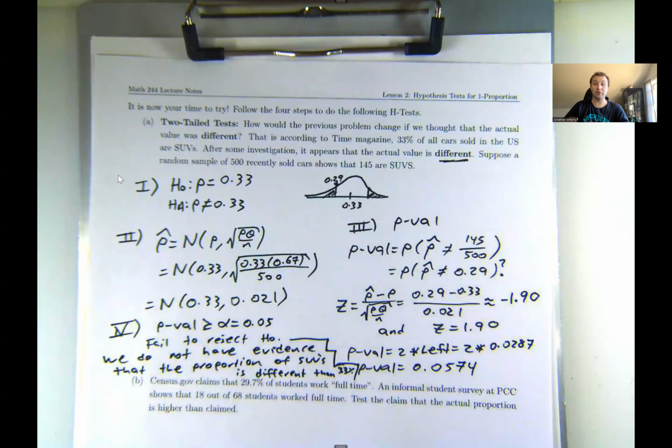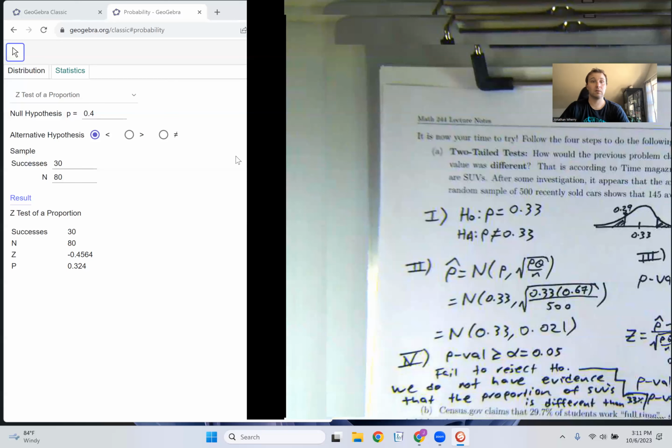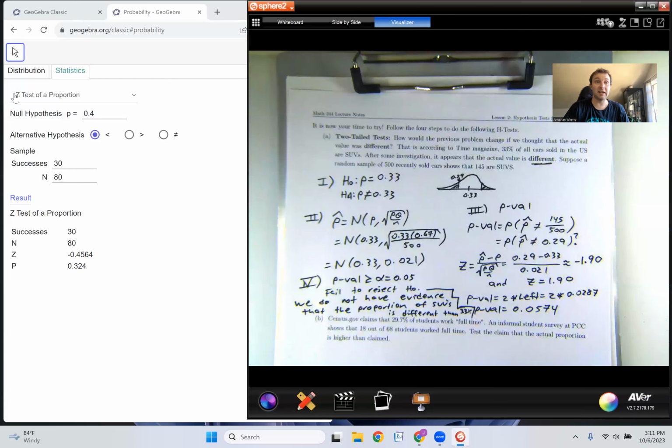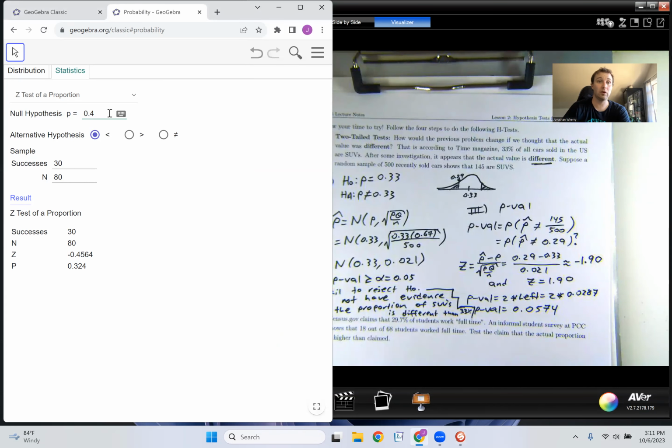I want to use technology to double check my z-score and my p-value there. I'm still in the same z test of a proportion. Null hypothesis value 33. My sample data here, I had 145 successes out of 500 trials.